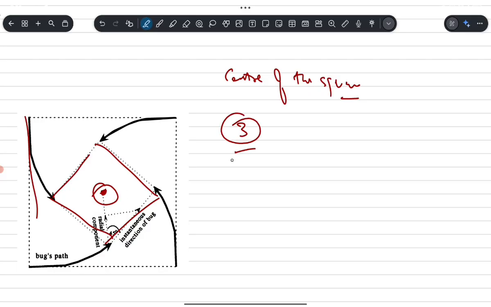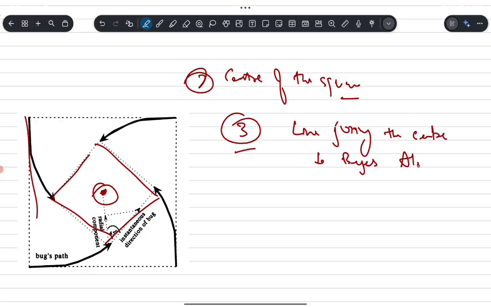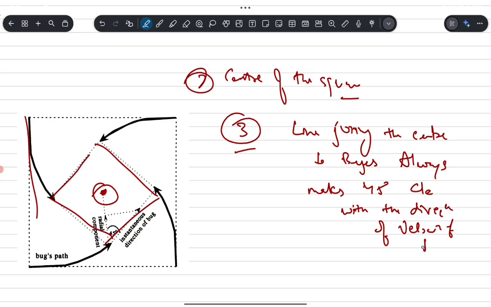Third thing that you're supposed to notice here is the line joining the center to the bugs always makes a 45-degree angle with the direction of velocity of the bugs.